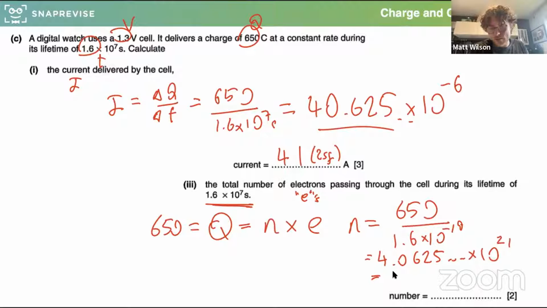And roughly, that is 4.1 times 10 to the power 21. If you're worried that this is not a whole number, don't worry, because it's not 4.1, it's 4.1 times 10 to the 21. So that absolutely is a whole number. Good, and that's the two significant figures again.